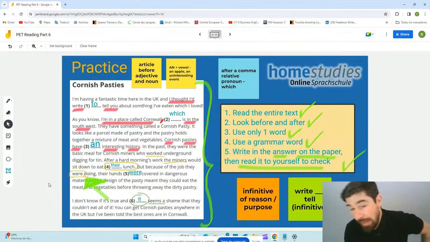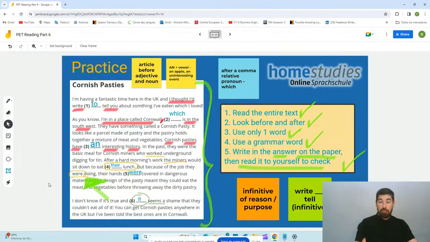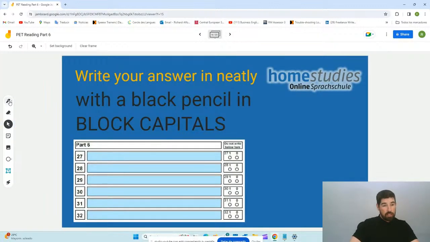Now, what you would do is read that to yourself to check that it sounds okay. But we've spent enough time on this. We're pretty sure that's good. So let's move on quickly. Time is passing by quite quick. As I always say, make sure when you've finished that you move across to your answer sheet and transcribe your answer.